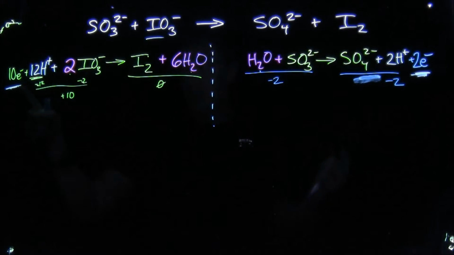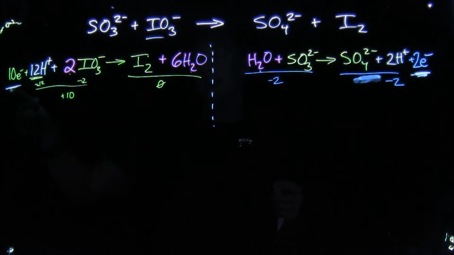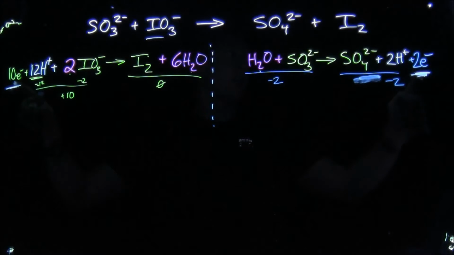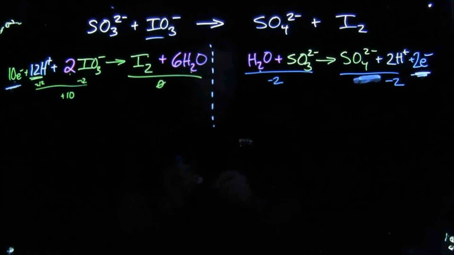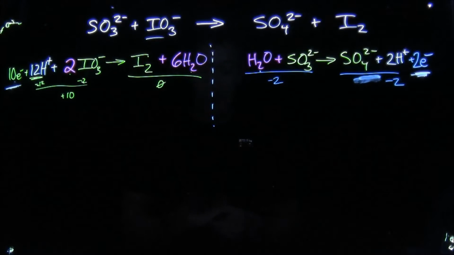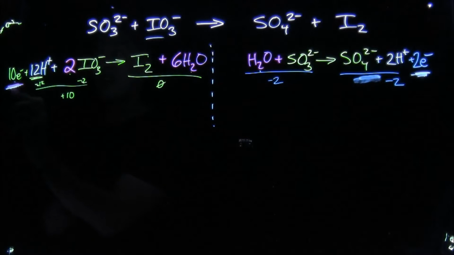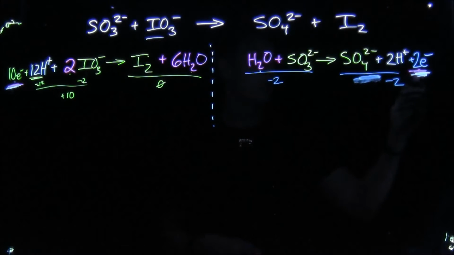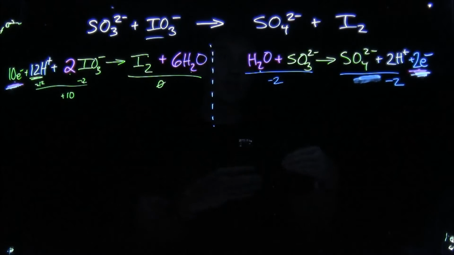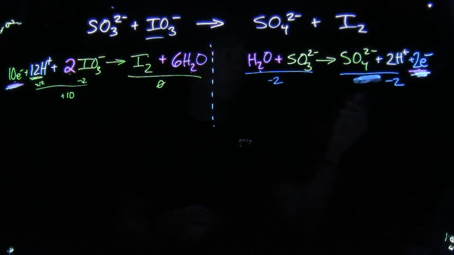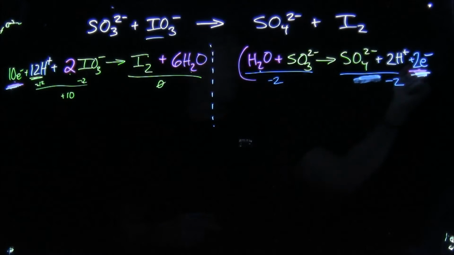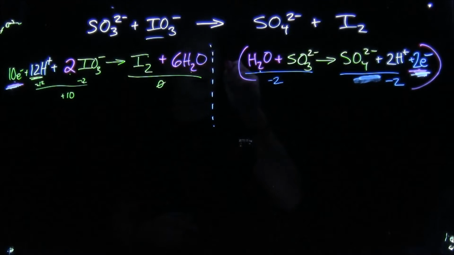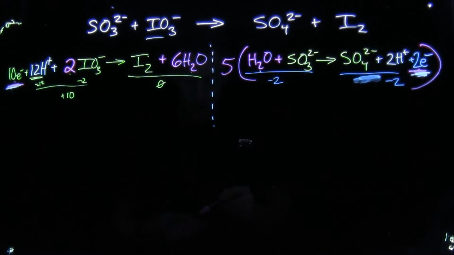So we're in a good spot. We got electrons in the iodine reaction as reactants. We got electrons in the product on the sulfur side, but you have very different numbers. You have 10 on this reaction and you have 2 on this reaction, and ultimately the number of electrons have to cancel. So what we're going to do is we're going to take this whole equation and multiply the whole thing by 5.